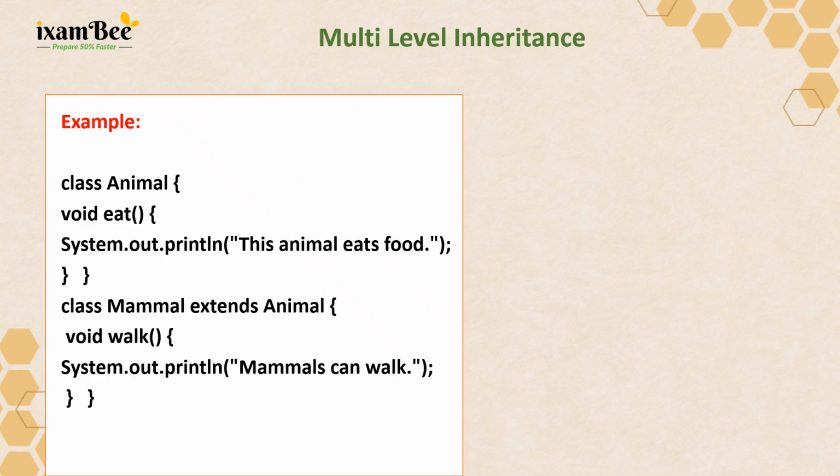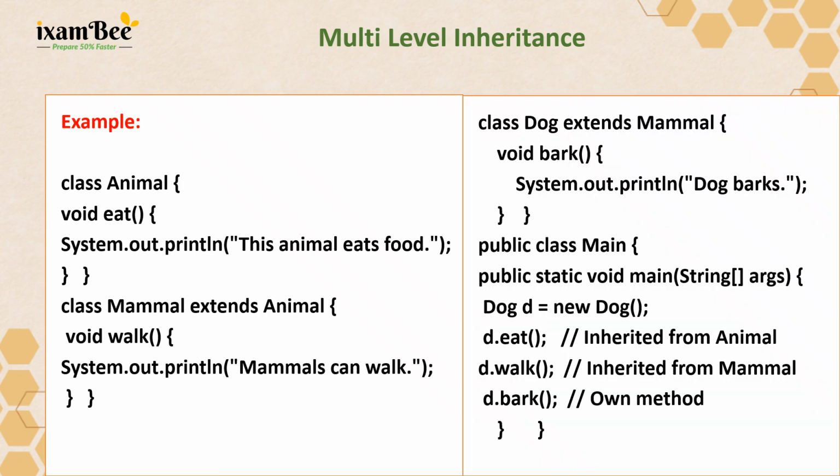Here we are creating an animal class with the eat method. Class mammal is extending from the animal class. It has a method called walk. Class dog is extending from the mammal class. It has a method called bark.